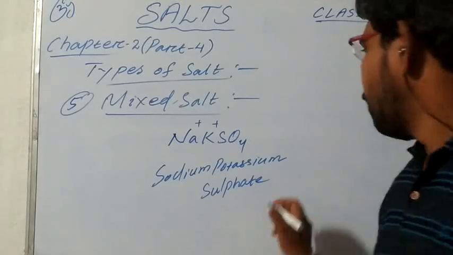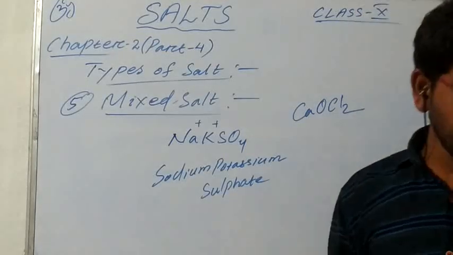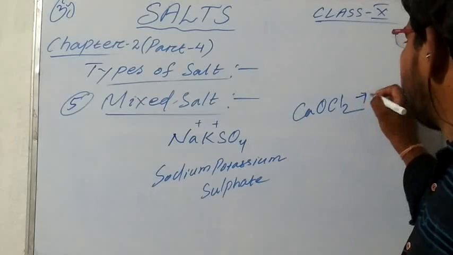Another example is CaOCl2. What is the name of this salt? It is bleaching powder.